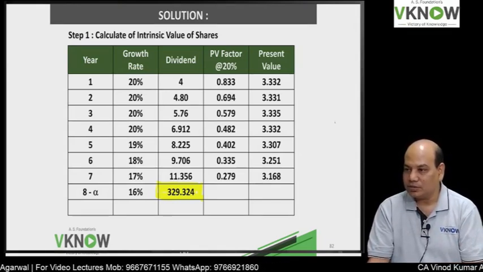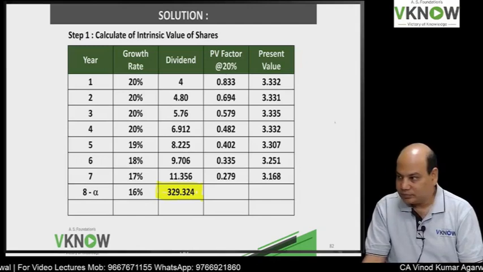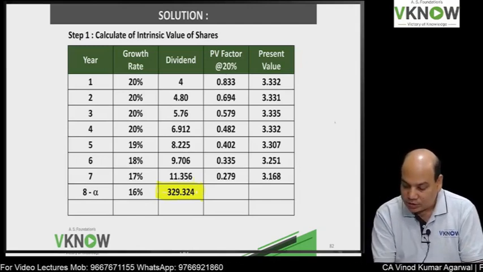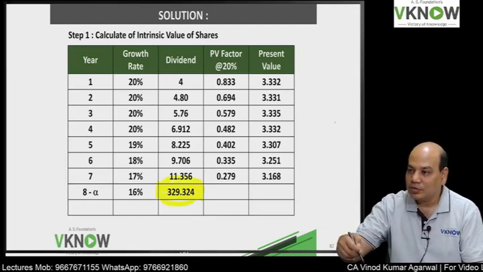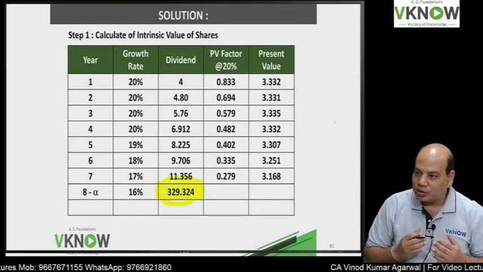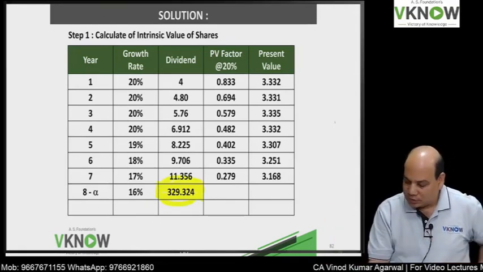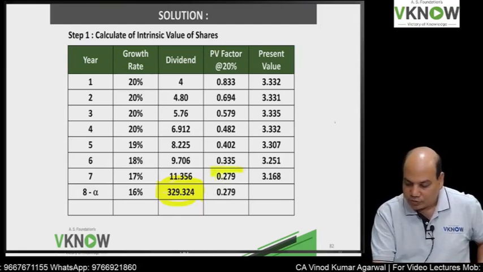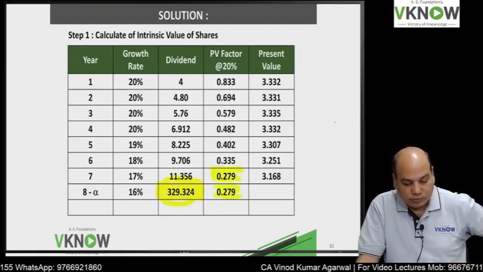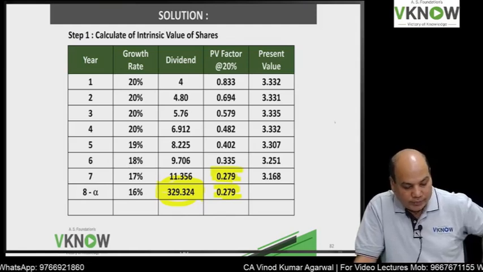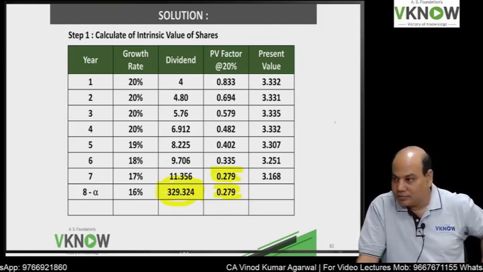Present value factor, 7th or 8th? This is not dividend. This is price at the end of 7th year. So I have to bring it to year 0. So the factor would be of 7th year. Same factor. 7th year is right. Preeti is also right. Mehul is right.